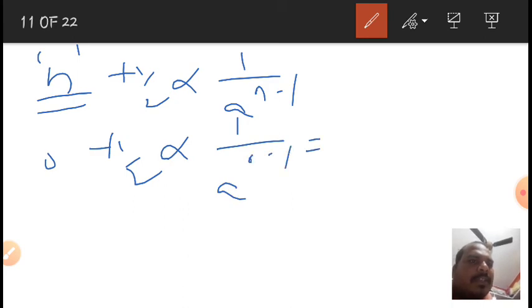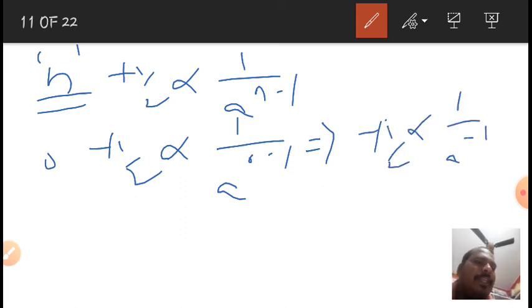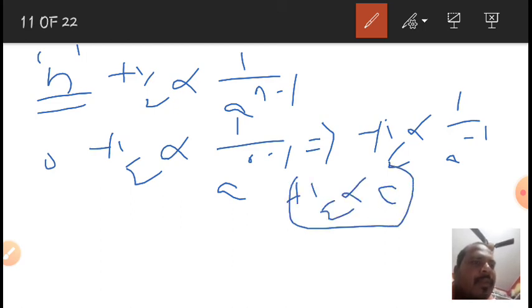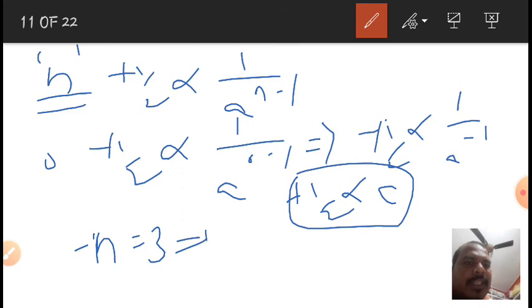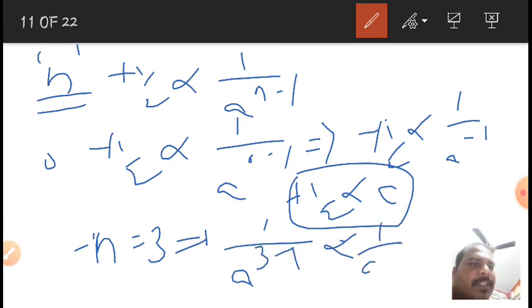That means t half is proportional to 1 by A to the power of minus 1, that means t half is directly proportional to A. Suppose for third order reaction, n is 3. By substituting n equal to 3 in this equation, we get A to the power of 3 minus 1, that is 1 by A square.